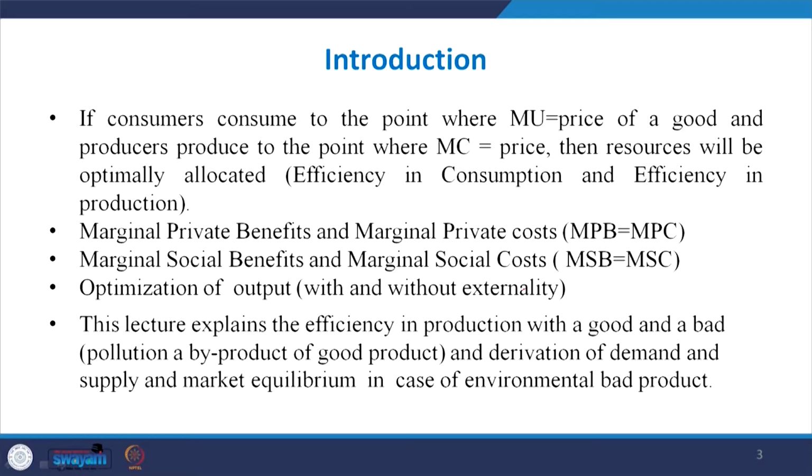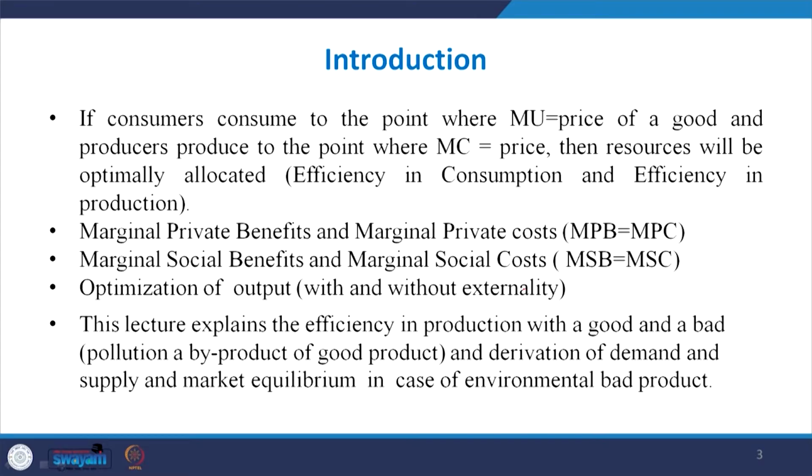As I already told you, if the consumer consumes to the point where marginal utility is equal to the price of the product and producers produce to the point where marginal cost is equal to the price of the product, then resources will be optimally utilized. That is what is known as efficiency in consumption and efficiency in production.